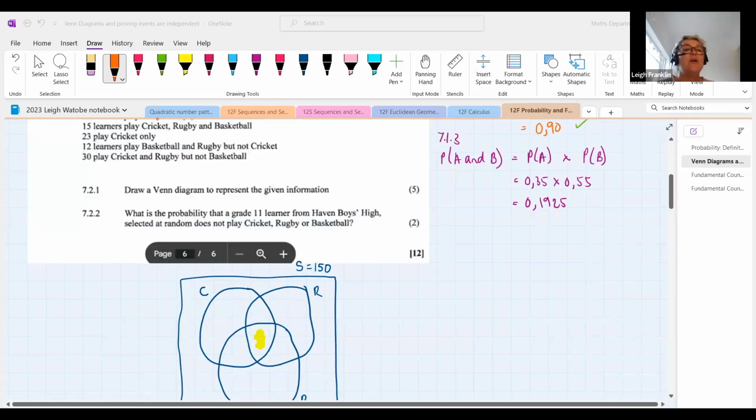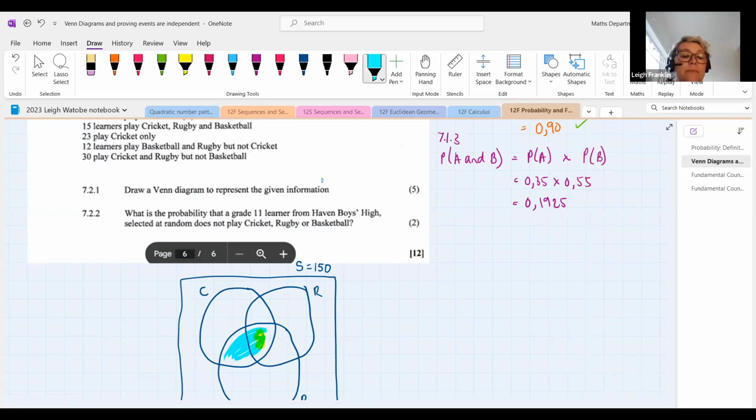If I now take a different color highlighter and I highlight this region in blue, how would you describe that region? What words would I use for that region?